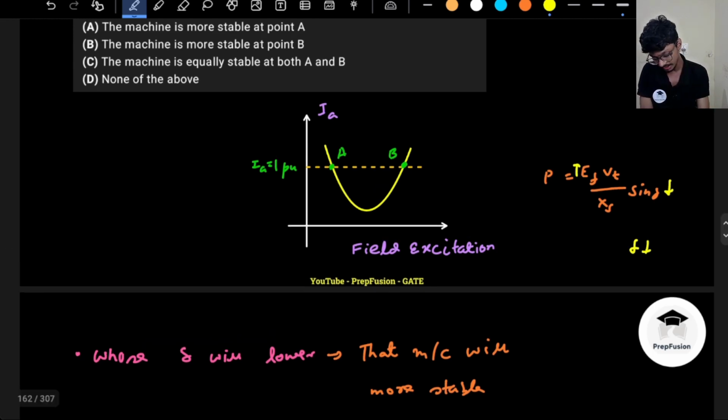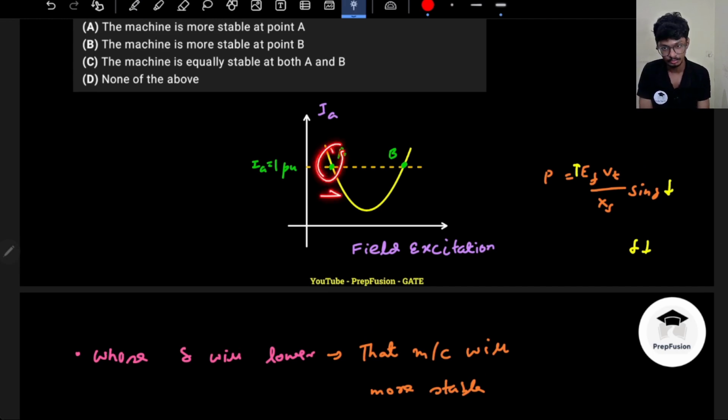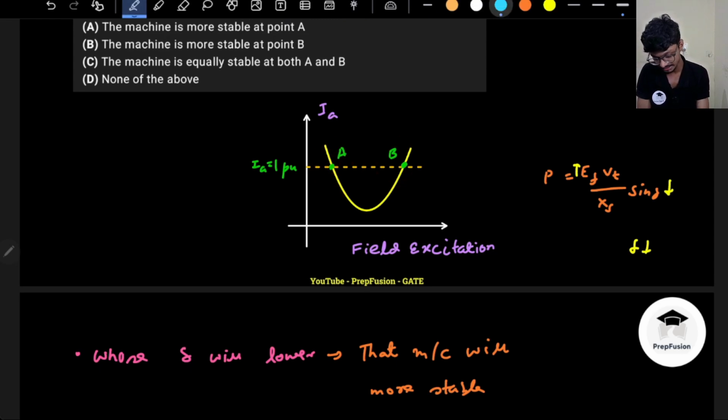So here, this is point A where the excitation E is very low, and this is the point where the excitation is very high. If the excitation is very high, the delta required will be lower.